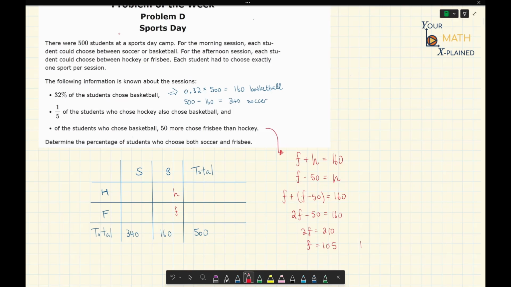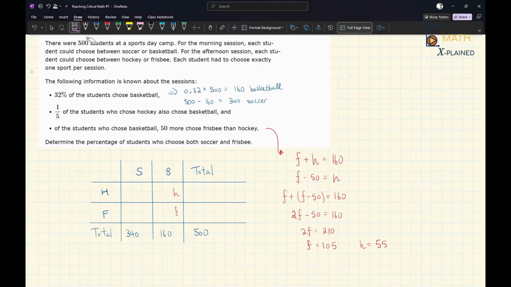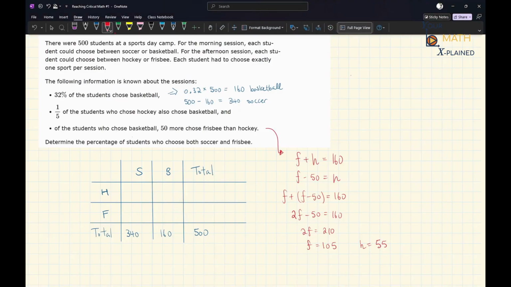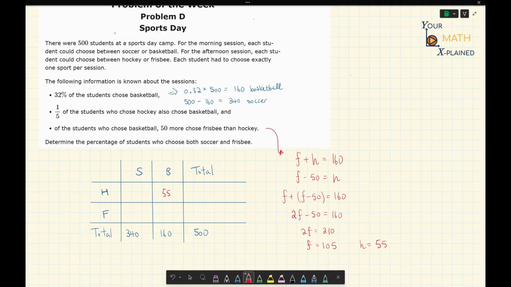And that also tells us that h is 105 take away the 50, which is 55. So I can put the new numbers into our second column. That'll be 55 and 105.